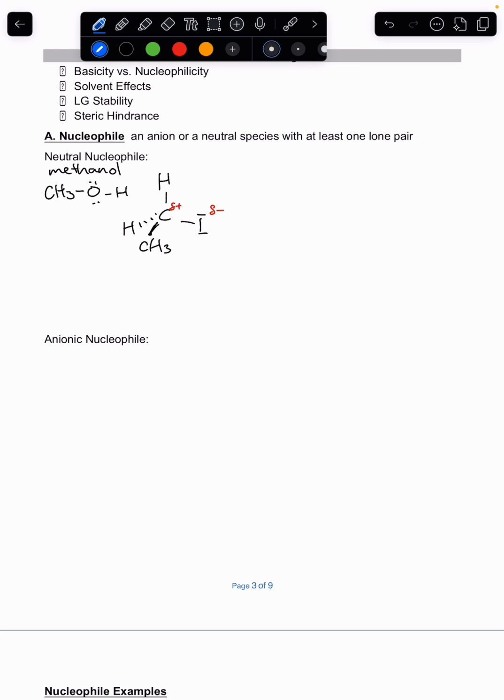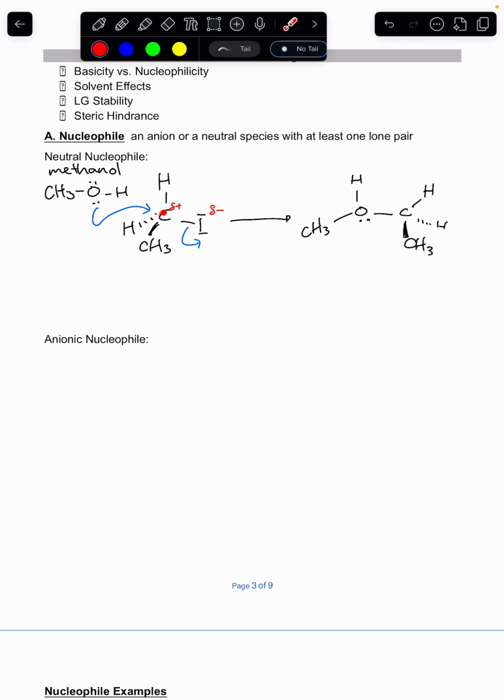If the reaction were to happen, we should see those arrows, this bond forming and this bond breaking. With that, you should get an intermediate that looks like that.